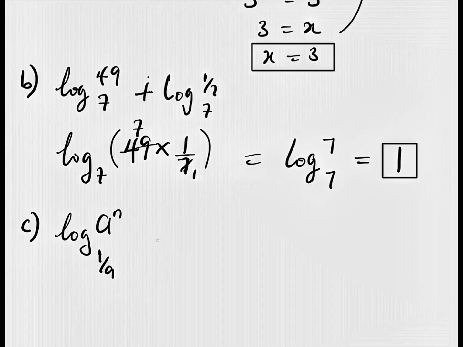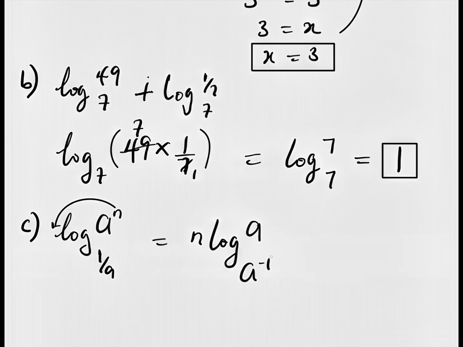So we have log. You know that the exponent of the argument can be made the coefficient of the log, right? So we have n log a. Now 1 over a can be written as a to the power of negative 1, right?